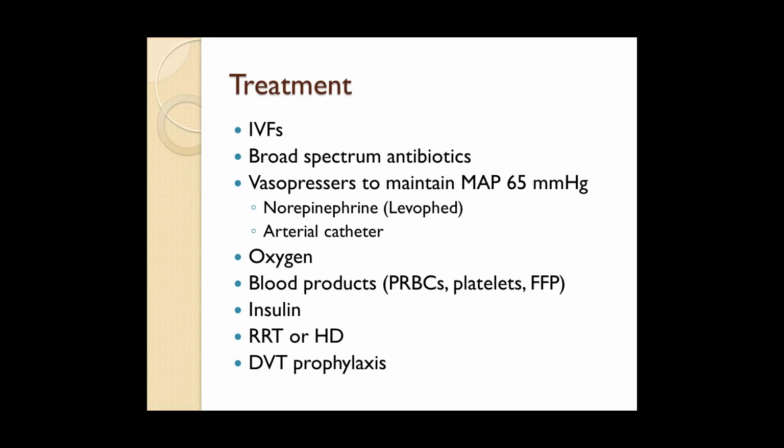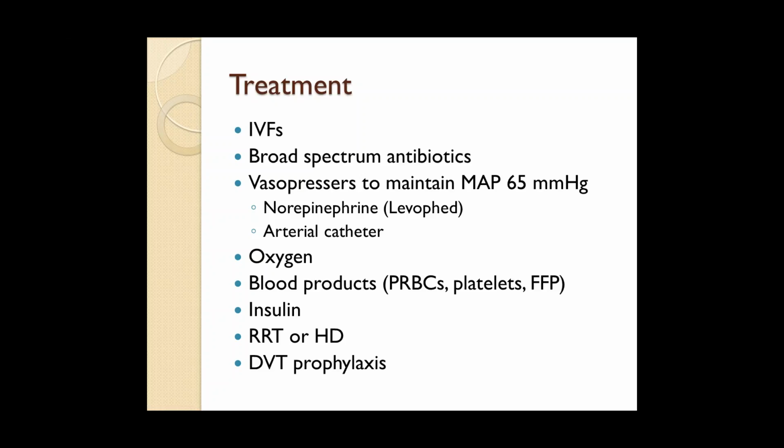Treatment of sepsis and/or septic shock is initiated with aggressive IV fluid support, usually with normal saline. The initiation of broad-spectrum antibiotics is indicated within 45 minutes of recognition of SIRS criteria and/or sepsis.